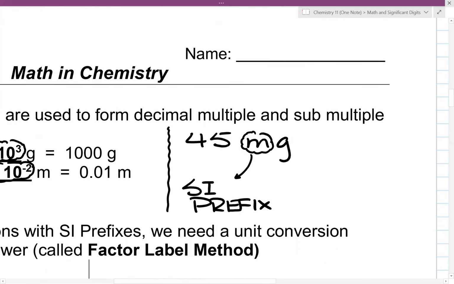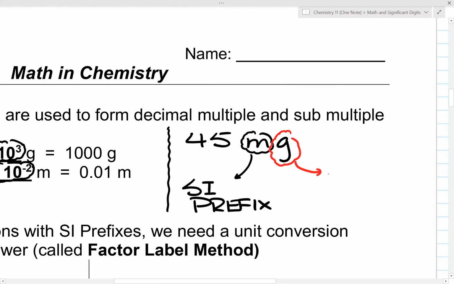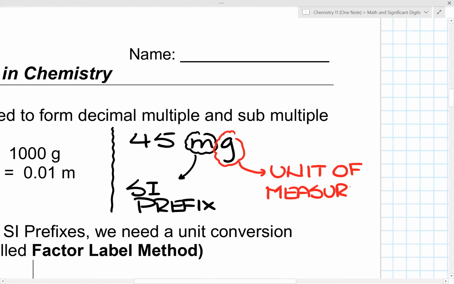And the G that we have here would be the unit of measurement. Okay. Now that is general. So usually the first letter is the SI prefix and the second letter is the unit of measurement. It doesn't always work that way, but 95% of the time it does.